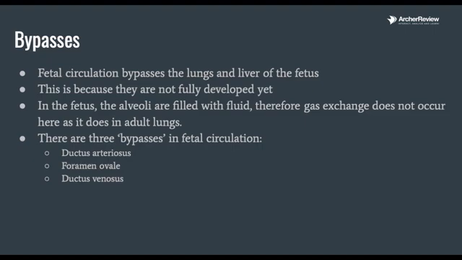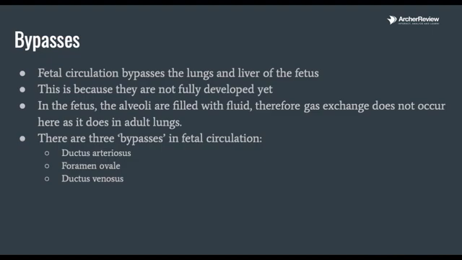Why? They are not fully developed and they're just not working yet. The lungs are still filled with fluid. The alveoli cannot exchange gas and perform all the functions of the lungs that the baby needs to. The baby is living in the amniotic sac full of amniotic fluid, so he's not taking breaths. There's no gas exchange occurring in the lungs, so we need to skip pulmonary circulation.